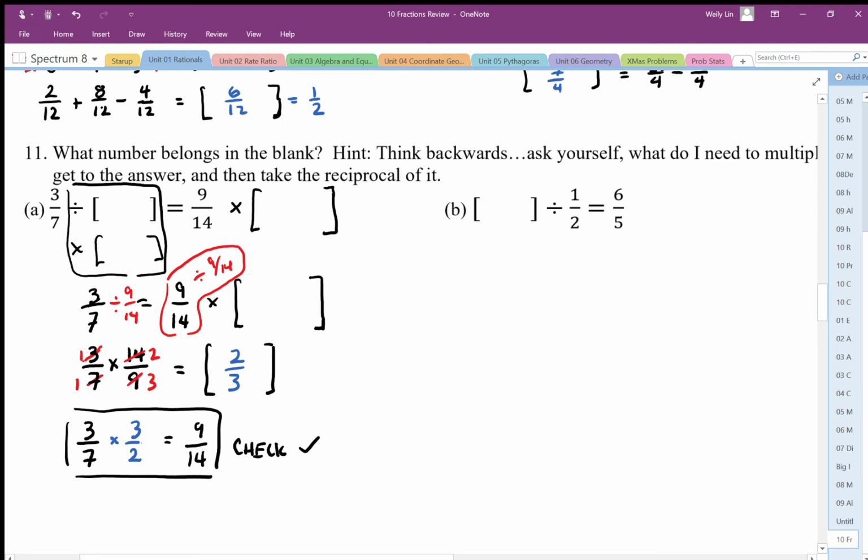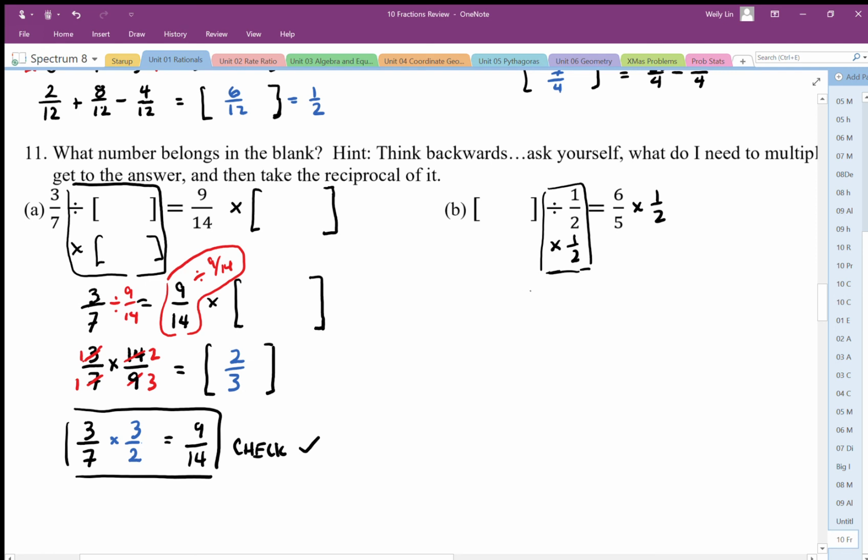For this one here, this one's a little bit easier because I don't need to mess around with something I don't know. I can just get rid of this divide 1/2 with a times 1/2 on both sides. So again, this divide 1/2 and times 1/2 undo each other.